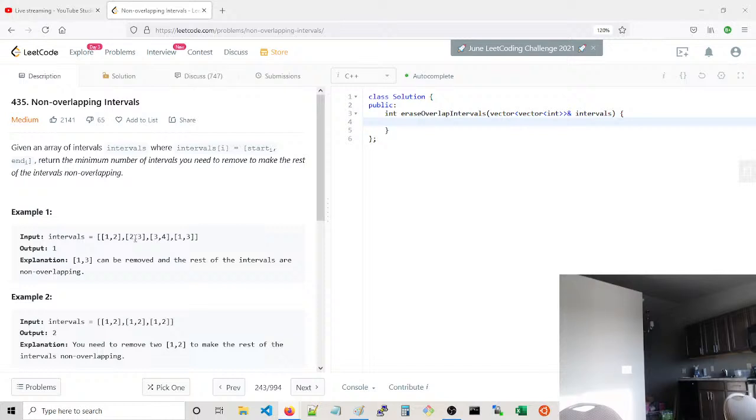We need something that's logarithmic or better, so that we can remove each node one at a time as we find the number of overlaps. I want to do the maximum amount every time as well. Maximum number of overlaps.